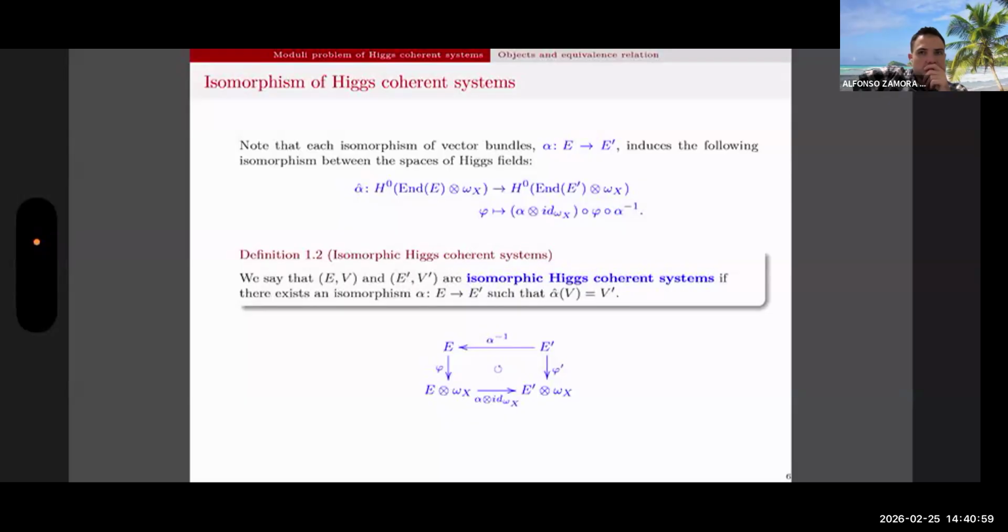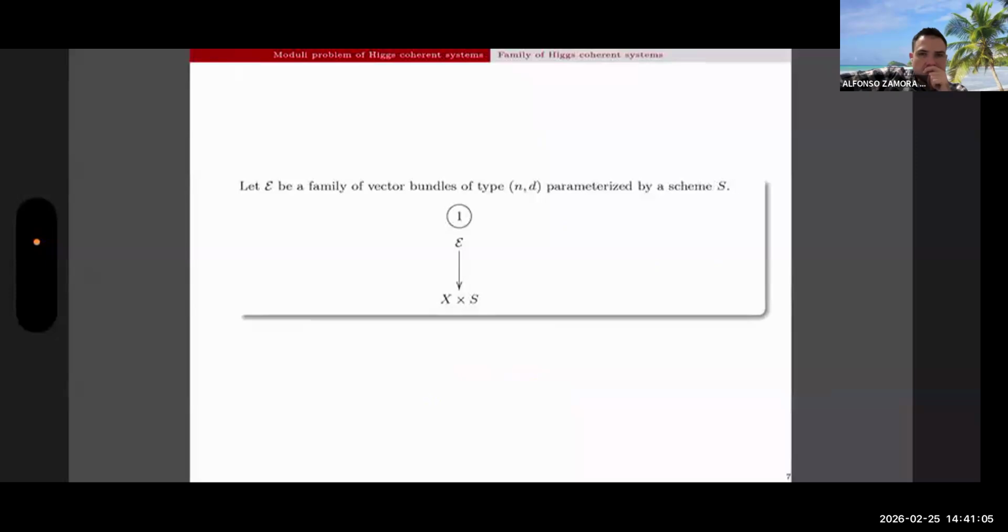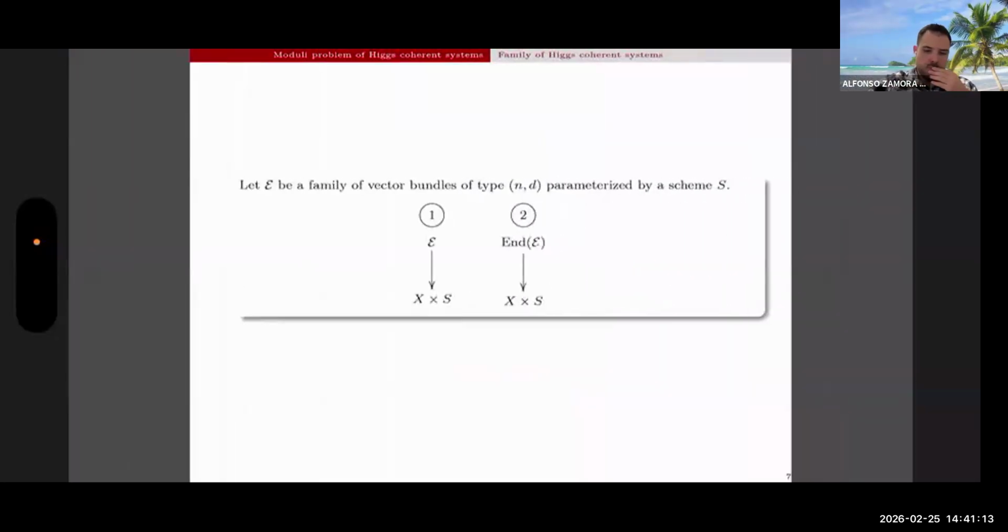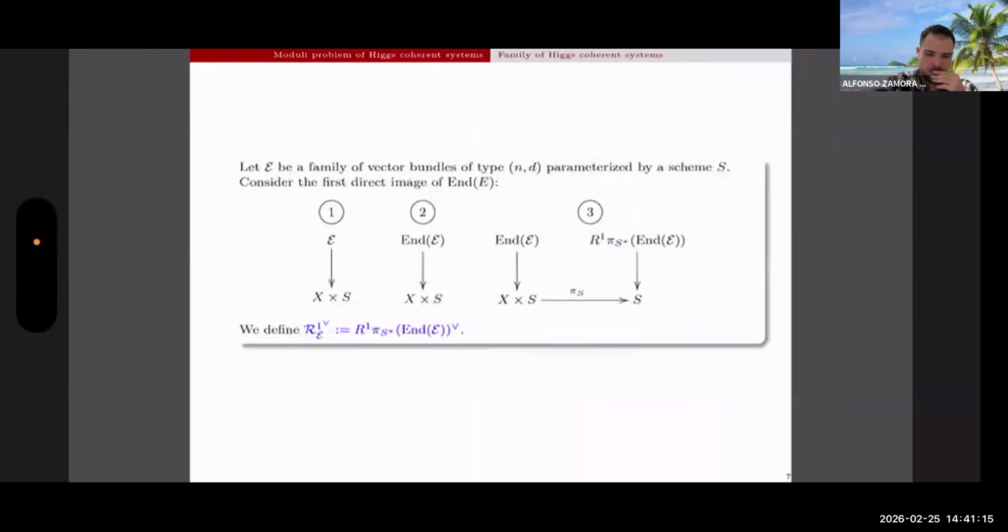The next ingredient in the moduli problem is the notion of family. In this case, a family consists of a family of vector bundles E together with a subsheaf of rank k of this associated sheaf that I call R1 sub E dual.